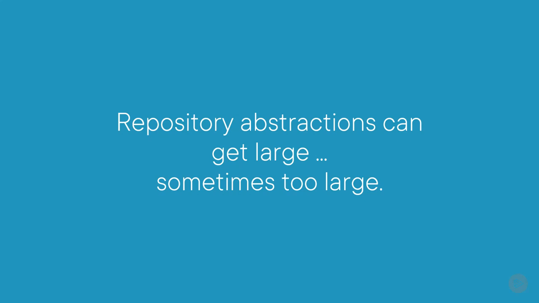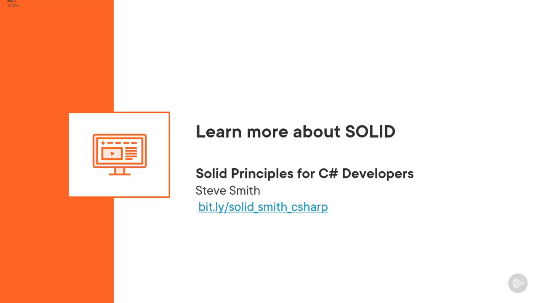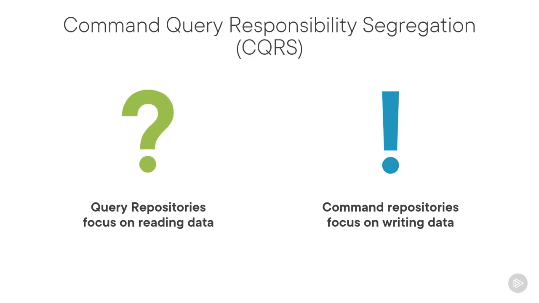Repository abstractions, especially generic ones, can sometimes get to be pretty large. Large interfaces violate the interface segregation principle, one of the SOLID principles that I cover in my SOLID Principles for C# Developers course. One way to keep these interfaces smaller and more focused is to split them into read and write operations.